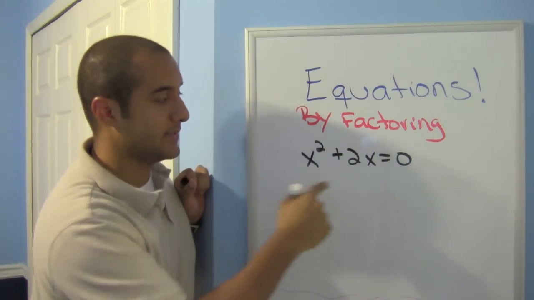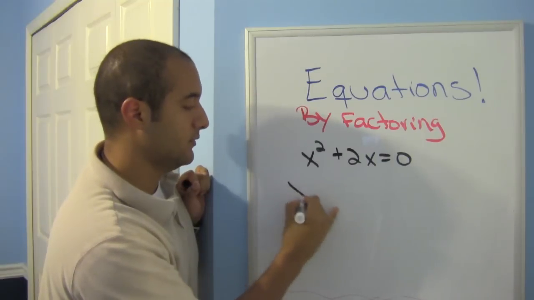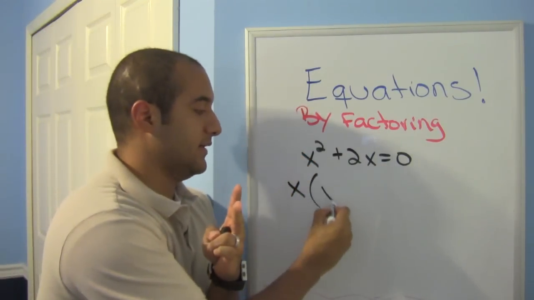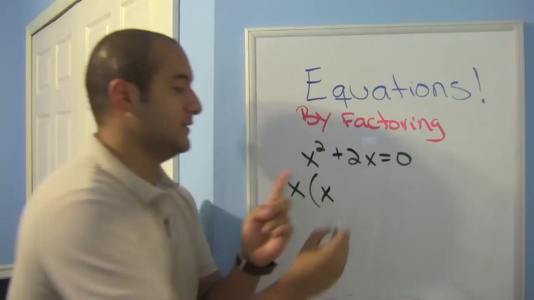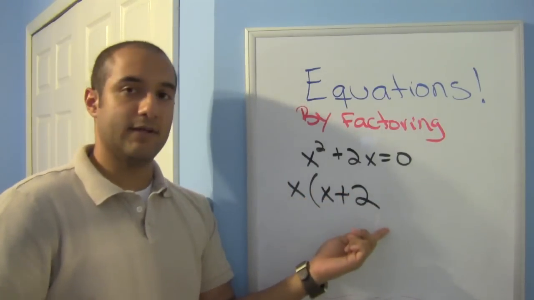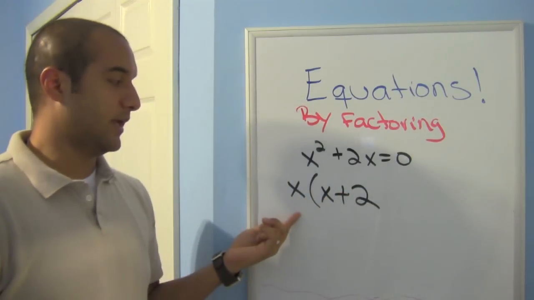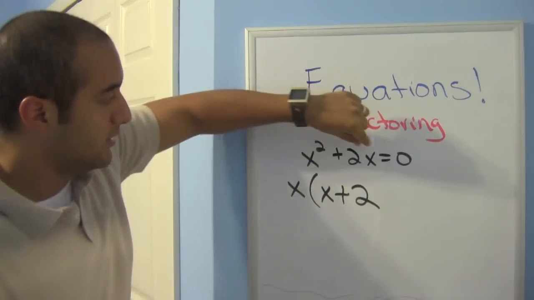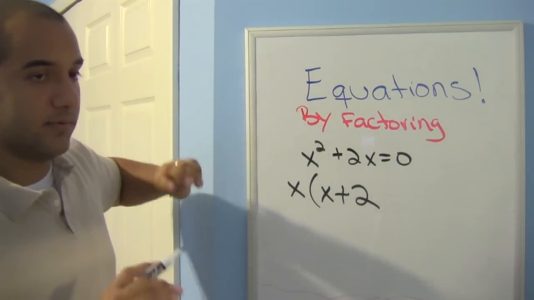I can only take 1 x out, so instead of having 2 x's, I just have 1 x left over, plus 2. This one doesn't have an x anymore, I took it out. Okay, it's the opposite of distributing. I'm undistributing the x's that were given out.